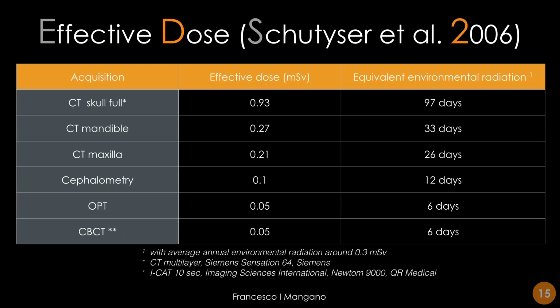And our evaluation and our numbers were confirmed a few years later in the book by Schutizer and colleagues, because they found, basically with another machine for the medical CT, that more or less the numbers were the same, and they confirmed our evaluation.